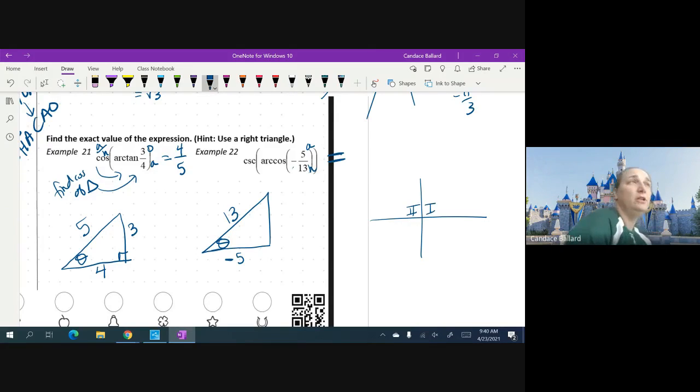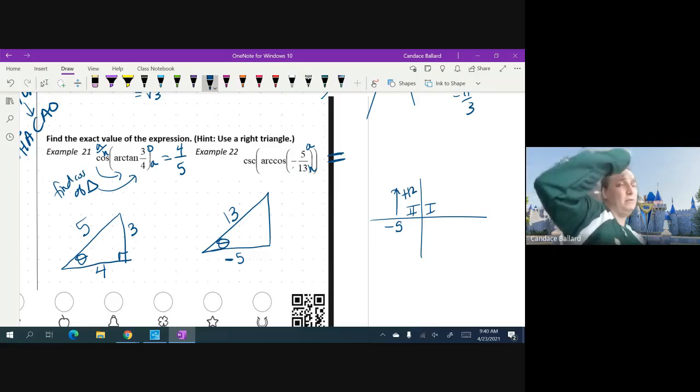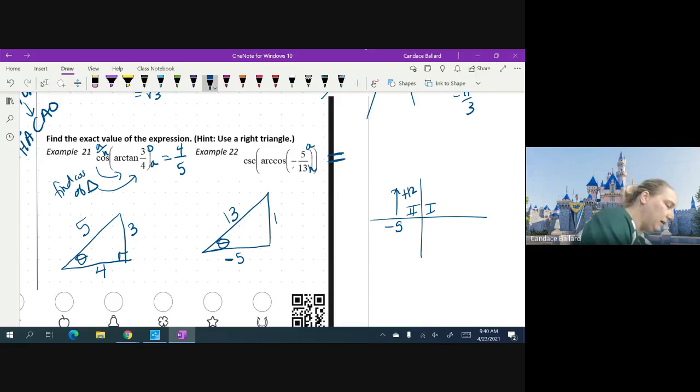Those are my only two choices. If I'm out -5 here, wouldn't I have to be up in a positive direction in that quadrant? There's no way to go -5 the other way. So the only way I can be is up in the quadrant. So that's going to be a +12, not a -12. That was a little tiny mistake.